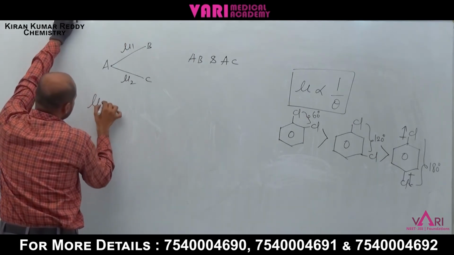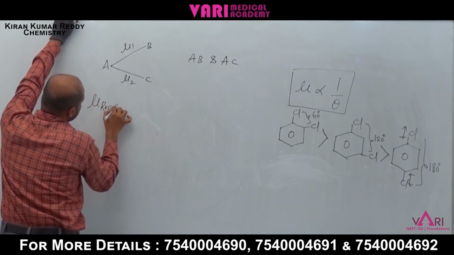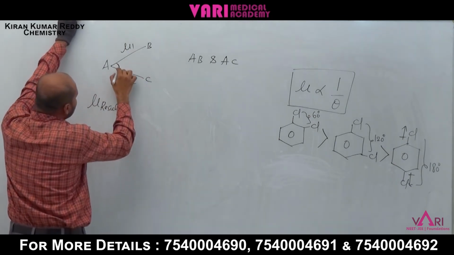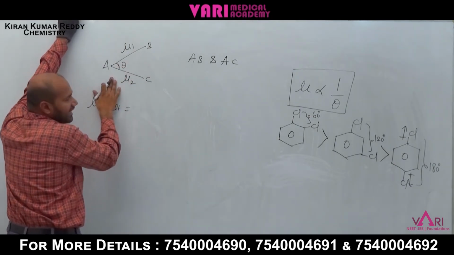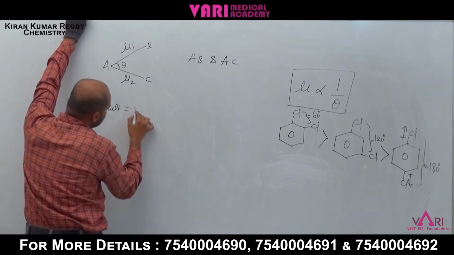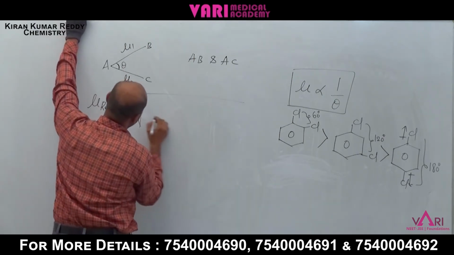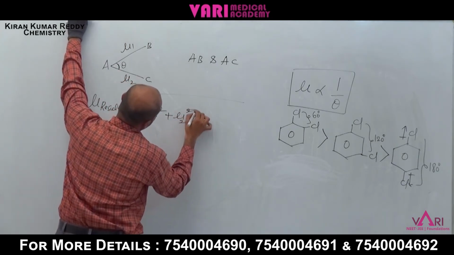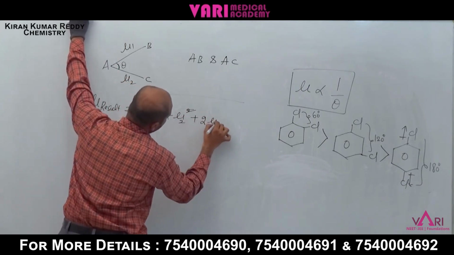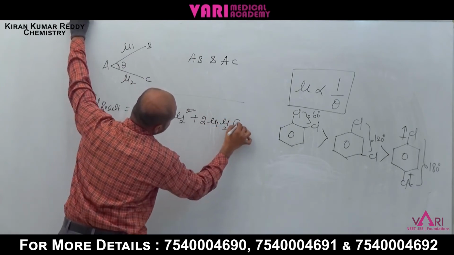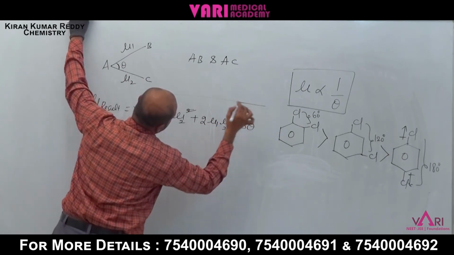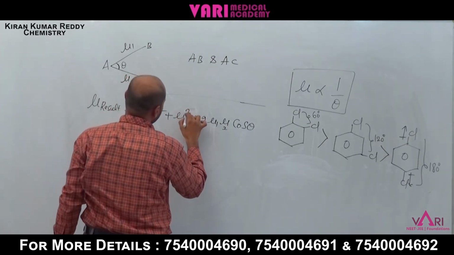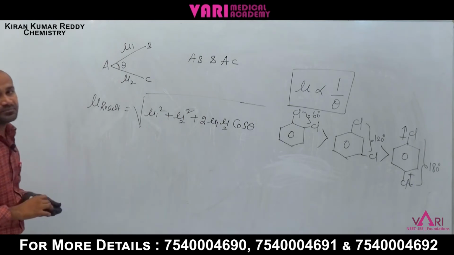Now mu resultant, inclined at angle theta, is equal to under root mu1 square plus mu2 square plus 2 mu1 mu2 cos theta. This is the formula we can use to calculate the resultant dipole moment.